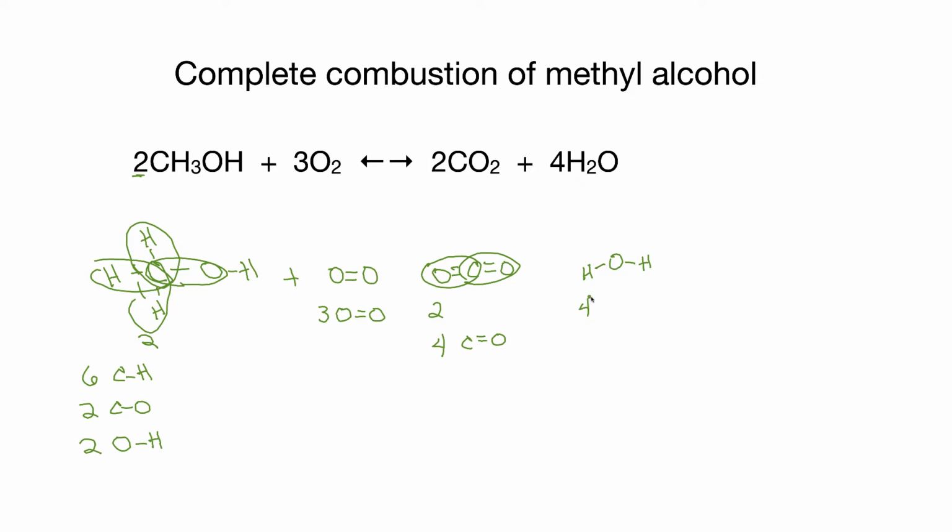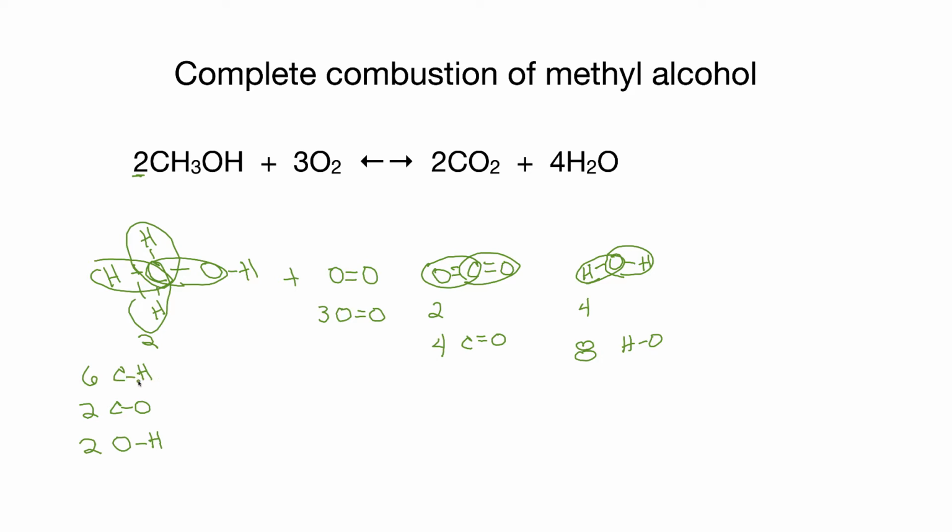And water, we've got a hydrogen-oxygen bond there, a hydrogen-oxygen bond there. So that's 2 for each, and we have 4 of them. So that gives us a total of 8 hydrogen-oxygen bonds.